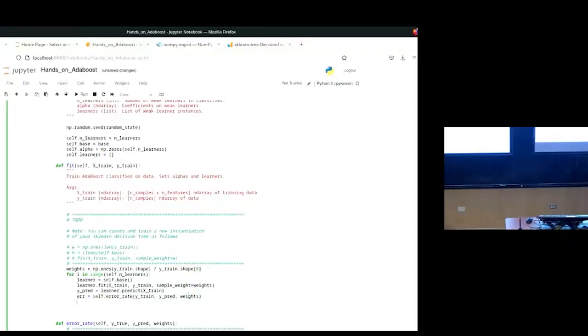Perfect. And now my alpha, self alpha j, is going to be equal to np.log. You can use 2 or any other factor, just multiplying by a constant, and it doesn't matter. You can multiply all alphas by the same constant. It should not affect the votes.